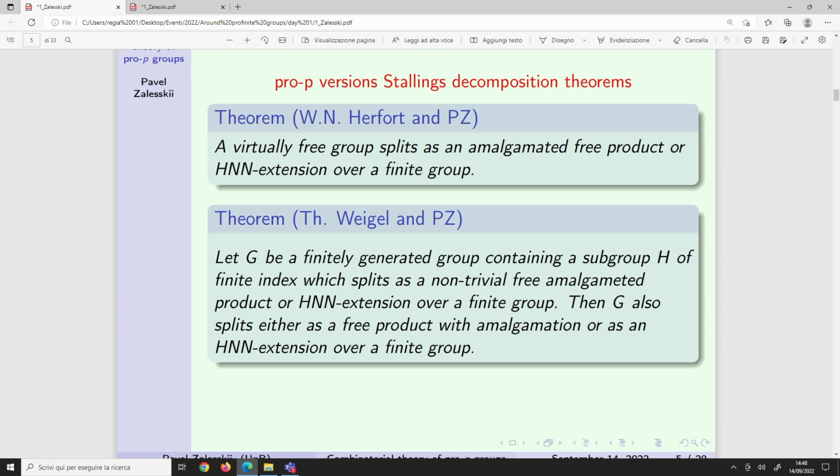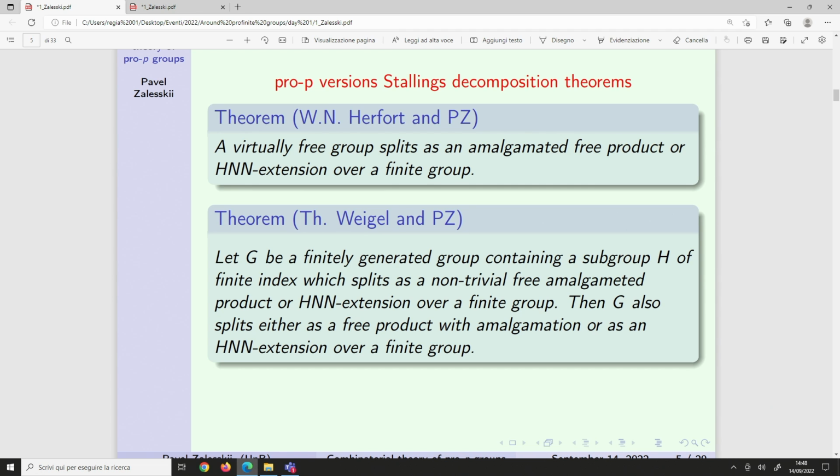The second statement was proved by Thomas Weigel and Zalesskii, and again, the statement is absolutely the same: a finitely generated Pro-P group containing a subgroup of finite index which splits as a non-trivial free amalgamated product or HNN extension of a finite group also splits over a finite group as a free product with amalgamation or HNN extension.